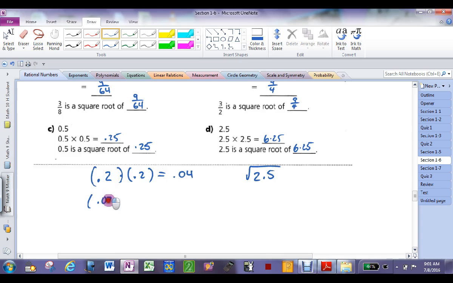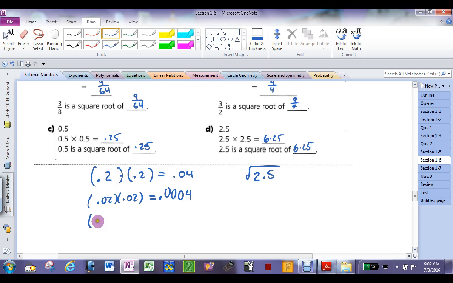Everybody with me? Cool? Now, watch what happens if I do this. What if I do 0.02 times 0.02? What's the answer? 2 times 2 is still what? 4. But how many decimal places do I need now? 1, 2, 3, 4. I have 4 decimal places, so it can have a square root. Everybody with me? What's the next possibility? 1 decimal place, 2 decimal places.